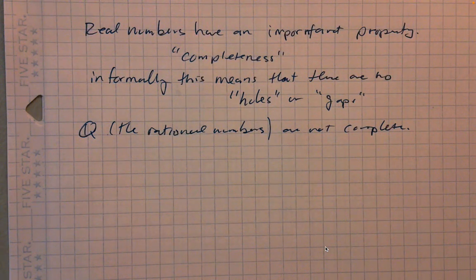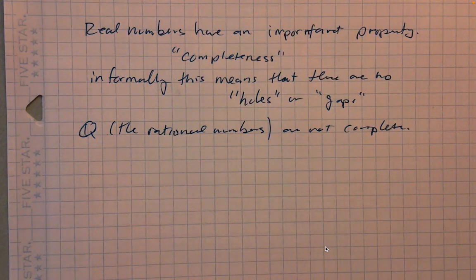The real numbers truly are complete. There are no holes. There are no gaps. It's a true continuum. Okay, and so when you get into real analysis, this kind of stuff becomes extremely profound. There are some really profound ideas that come out of this completeness property.